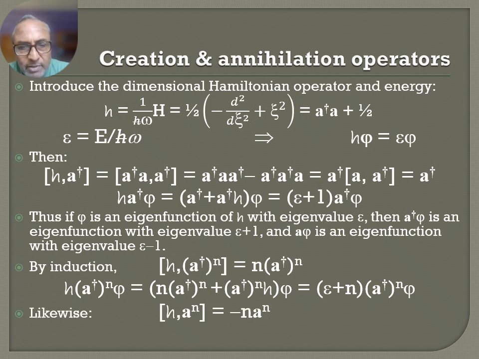And likewise, it can be shown that the commutator of small h and A to the power n equals minus n times A to the power n, from which we get h times A to the power n operating on phi equals epsilon minus n times A to the power n operating on phi.